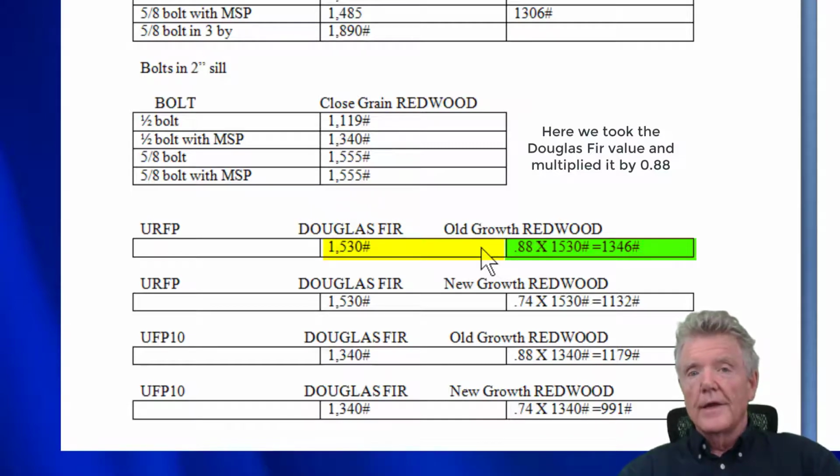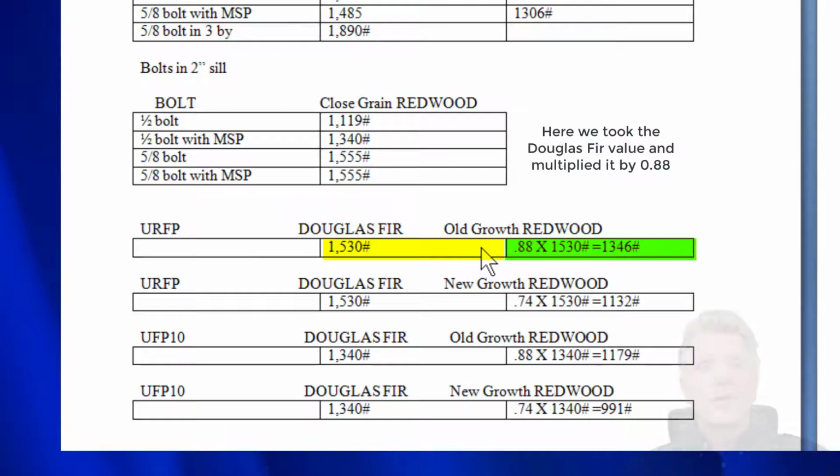And if you don't know that you need to do that, you're going to end up with a retrofit that's not what it should be, because you're using the wrong values for your calculations. So same thing here. We have a URFP at 1,530, but we're going into the new growth redwood, and we end up with 0.74.